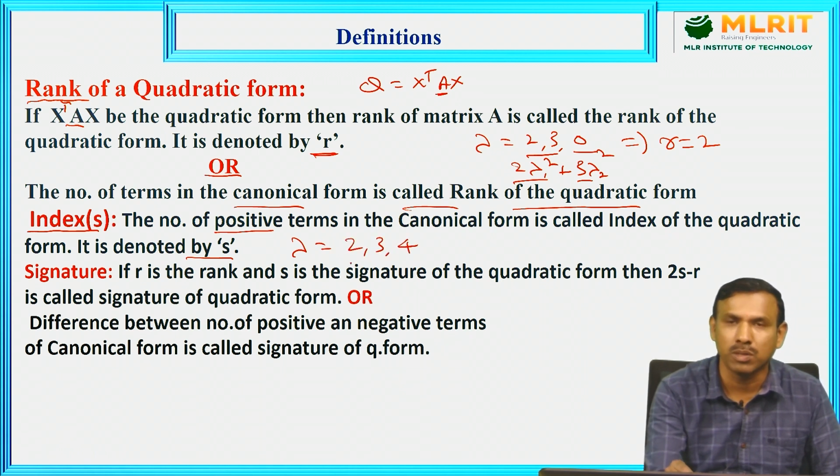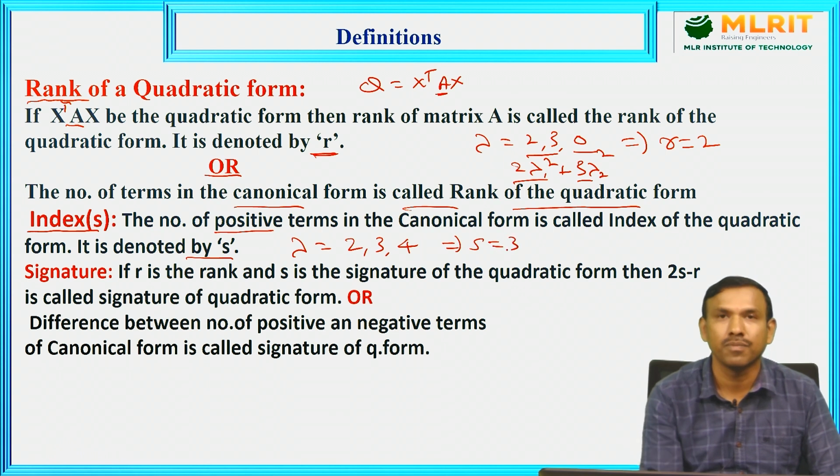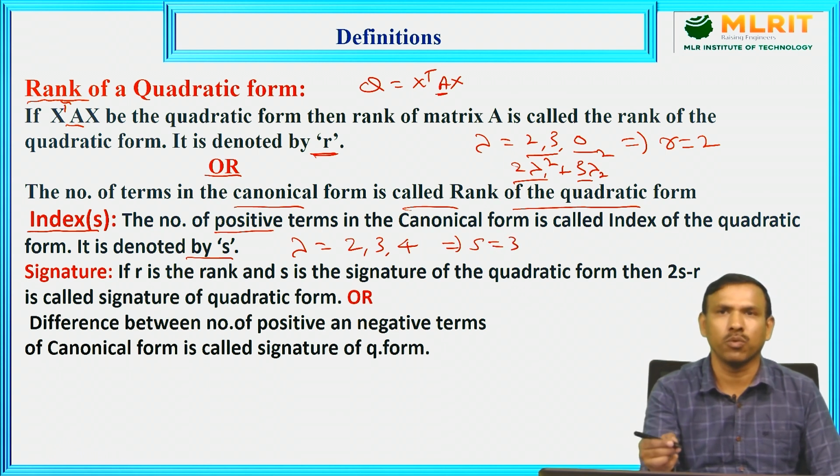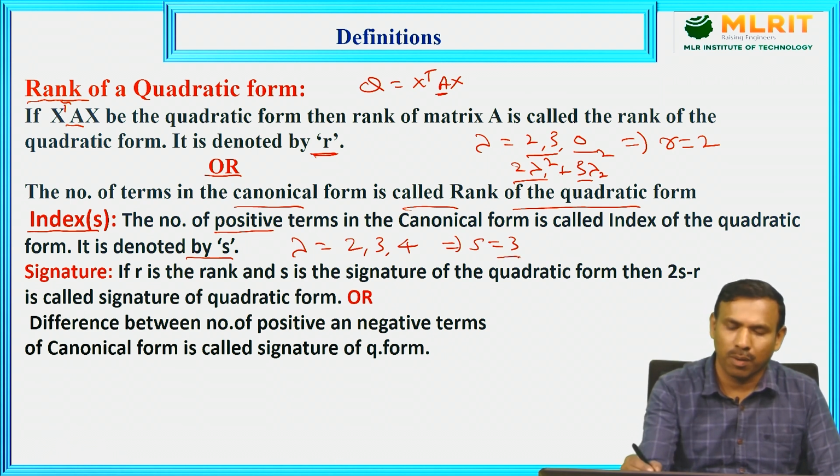How many positive terms? 3 terms are there, all positive. Then definitely S is equal to 3. Because from 2, 3, 4 we generate the canonical form: 2 into y1 square plus 3 into y2 square plus 4 into y3 square. All terms are positive. We can say the index of the canonical quadratic form is 3. That is denoted by S.